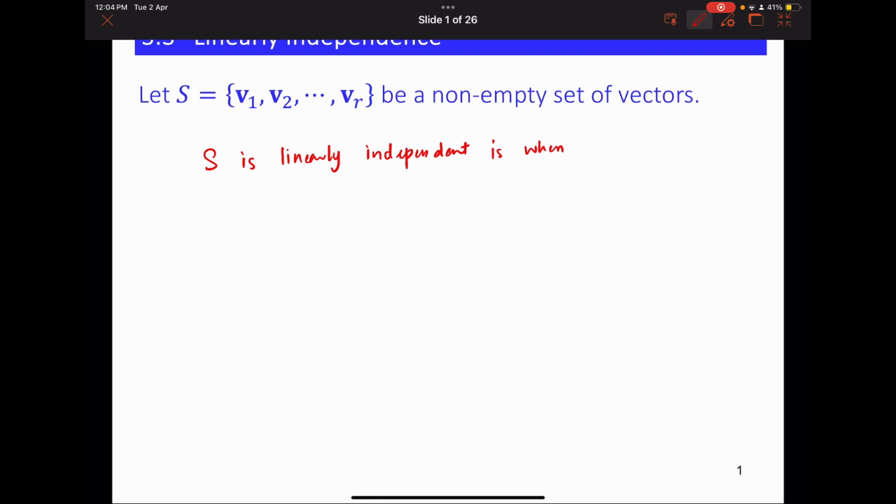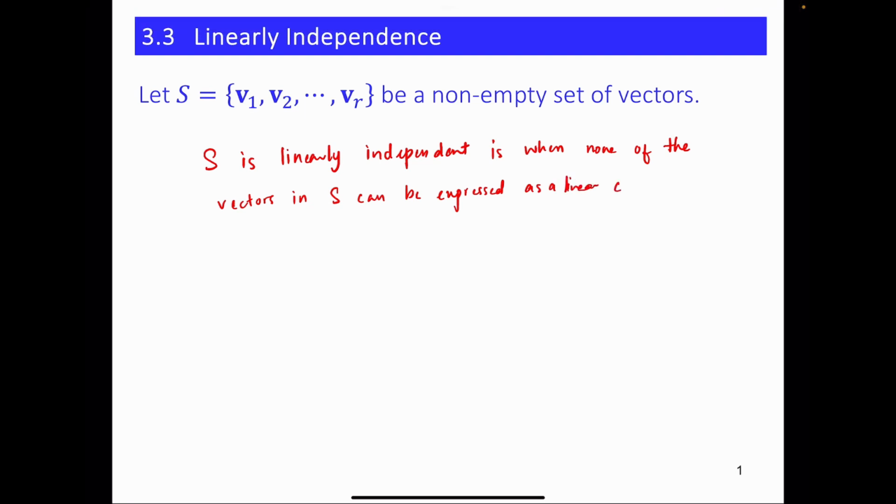So S is linearly independent when none of the vectors in S can be expressed as a linear combination of the other vectors in S.